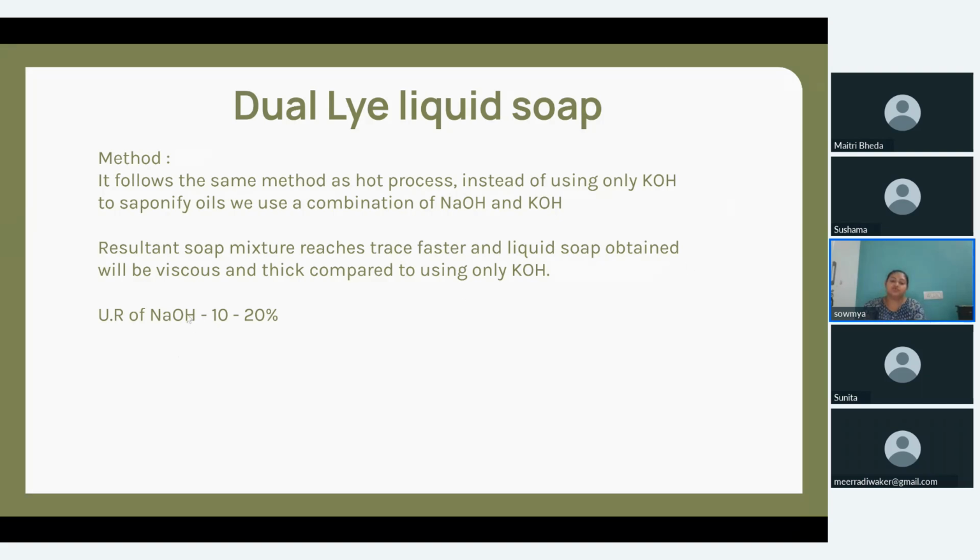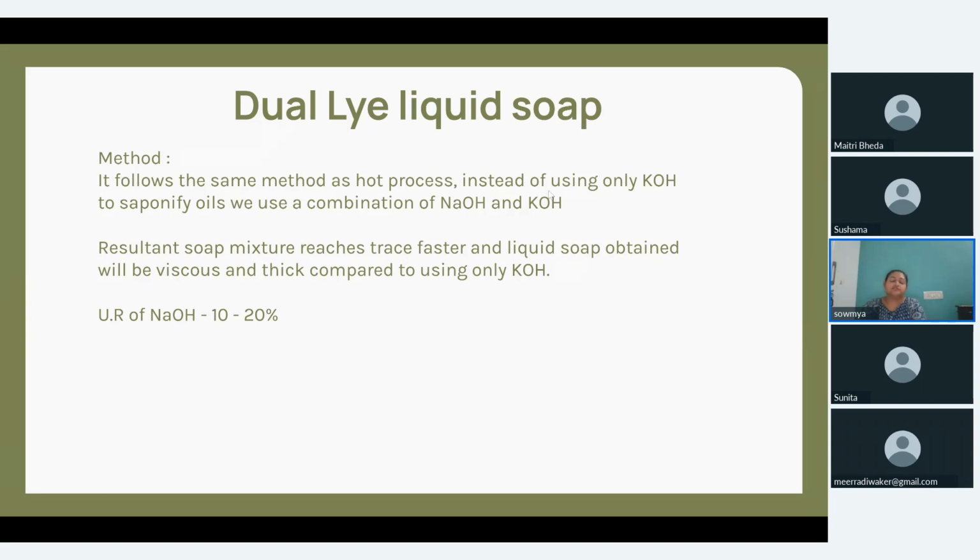So either we can go for 10% sodium hydroxide or 20%. Okay, so this is the range. You can even go for 15% sodium hydroxide. It's up to you. If you use 15% sodium hydroxide, then 85% will be your potassium hydroxide. Okay, so the ratio will be like that.